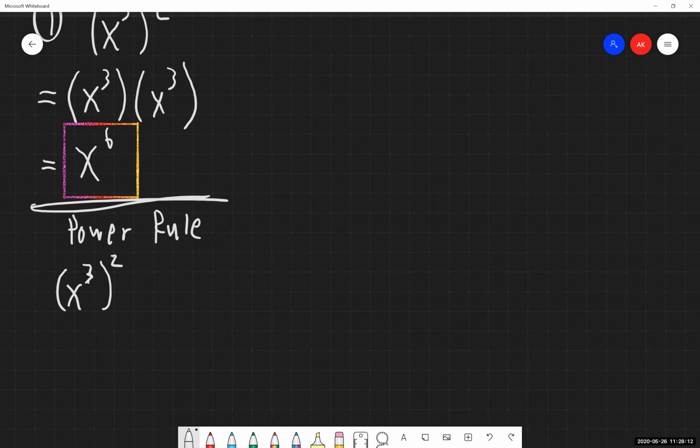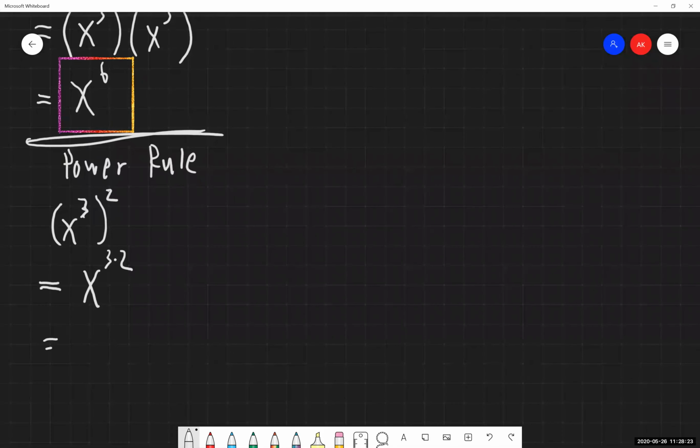Based on our notes, all I'm going to be doing is multiplying these exponents together. So I'm going to have x to the 3 times 2. 3 times 2 is going to give me 6, so I get x to the 6th power. And we have our answer there. Not a whole lot to it on that front.